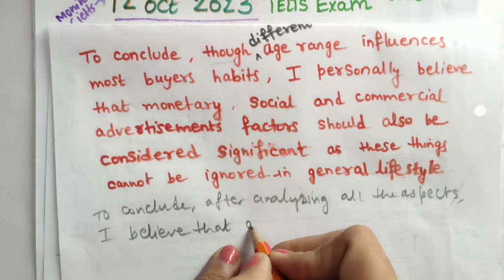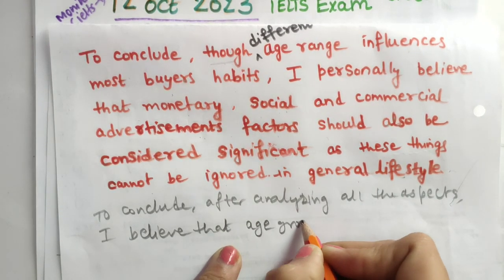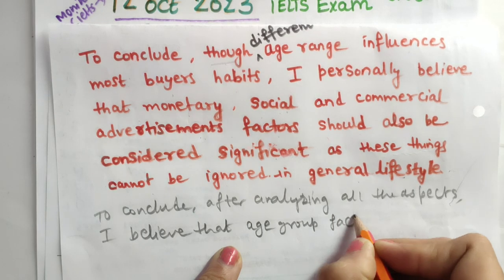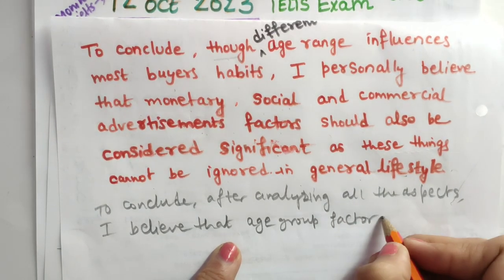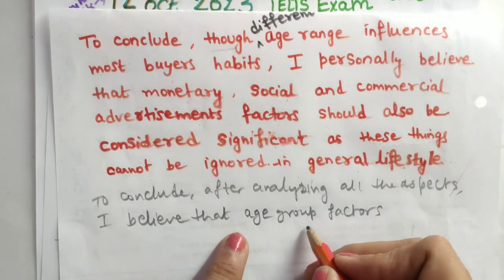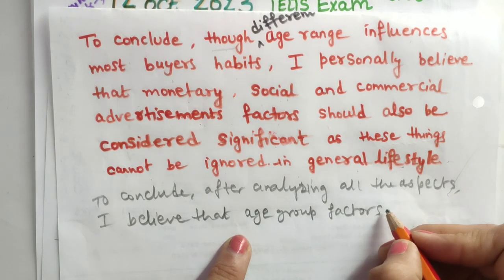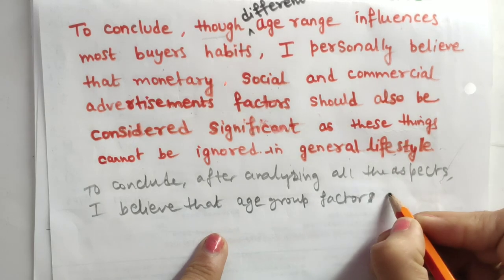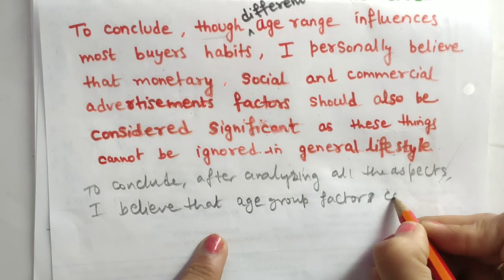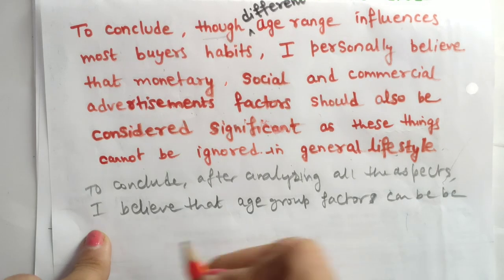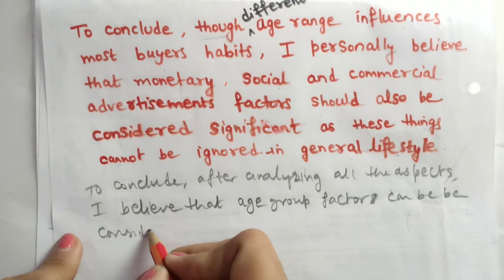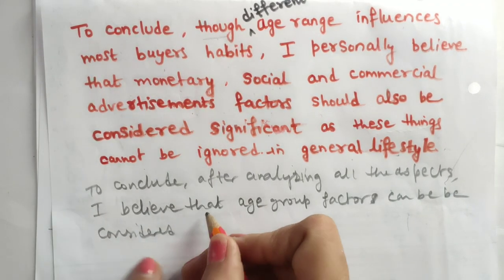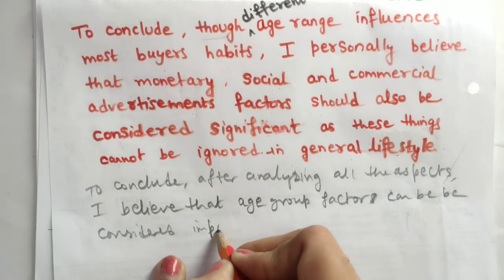I believe that the age group factor, because you partially agree in this essay, that's why you need to tell, I believe that the age group factor can be considered important.